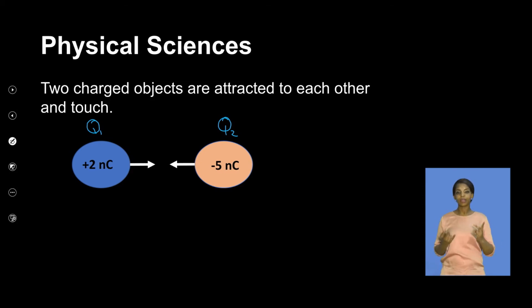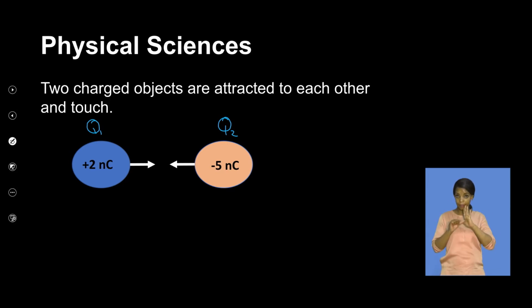It means that Q1 exerts an electrostatic force on Q2 and vice versa. But now you must also think about the forces in terms of vectors. The force by Q1 on Q2 is towards Q1, while the force on Q1 by Q2 is in the other direction. So the direction in terms of vectors is very important.